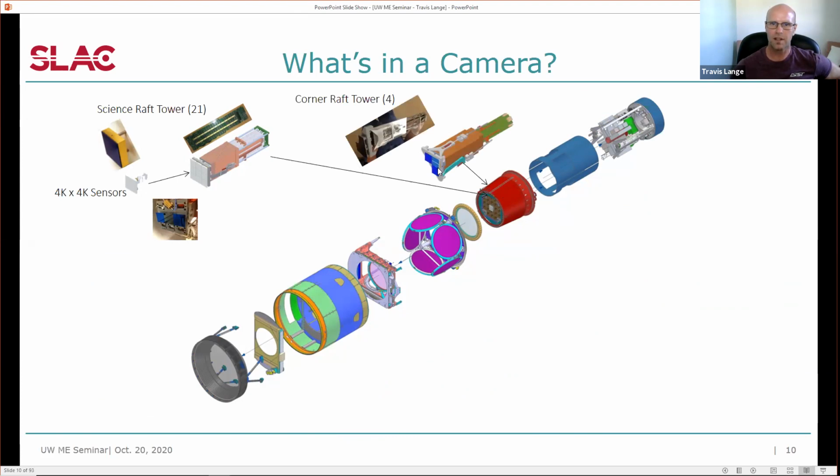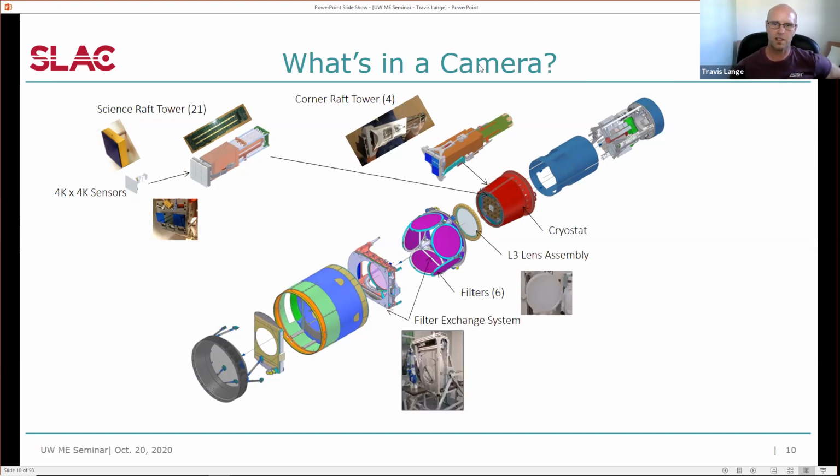They actually have intrafocal and extrafocal sensors, so we can use them for wavefront sensing. And those also go in the cryostat. I mentioned the L3 lens, these 6 filters, but only 5 are on the camera at any given time. And we have this filter exchange system. So this carousel of filters rotates, and then we exchange a filter from this stored location into an online position in front of the L3 lens.